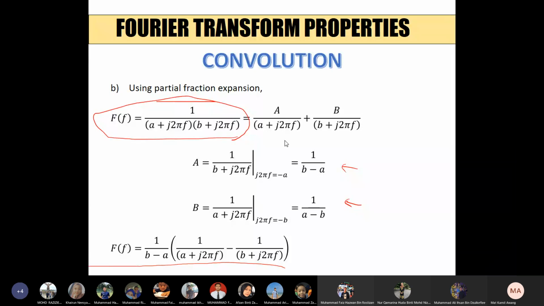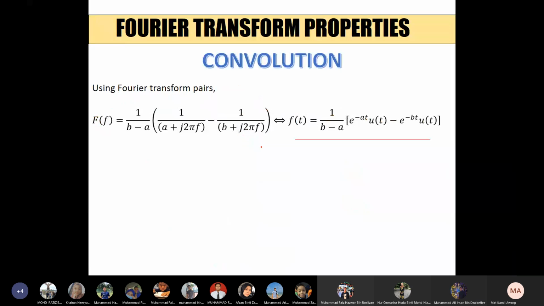So from there, because I'm not going to cover all this math, I consider that you already know it. This function can be written as that. From there, this part is e to the minus a t u of t, and this part is e to the minus b t u of t. It transforms back to the time domain.